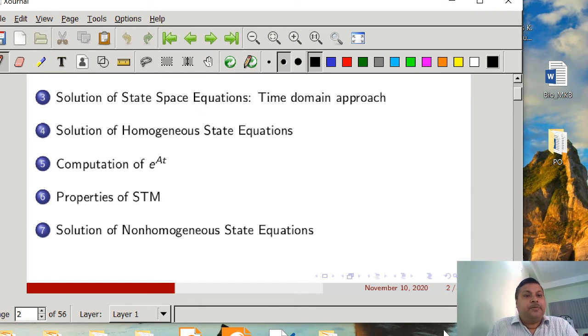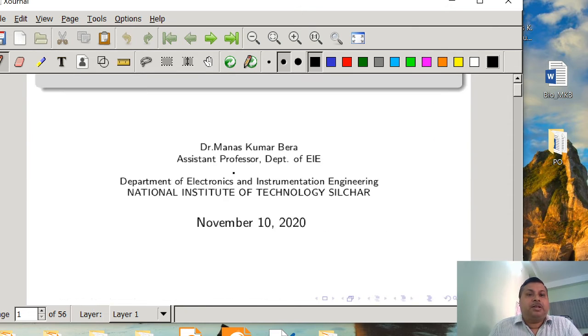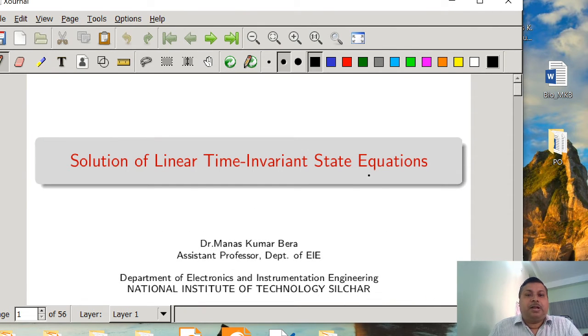Then we will understand the computation of e to the power At, or the state transition matrix, then the properties of the state transition matrix, and at the last we will see how to solve the non-homogeneous state equations. So with these objectives, we are going to start the solution of linear time invariant state equations.